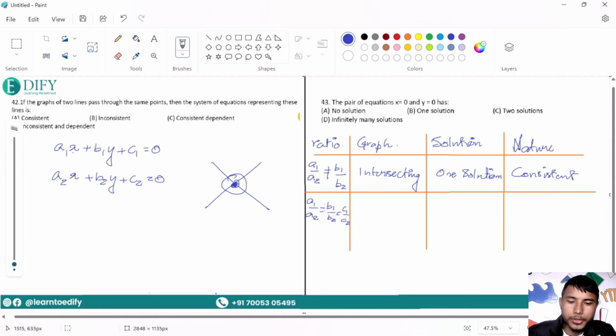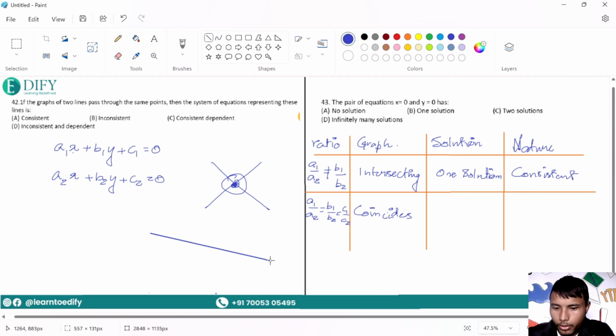When the ratios of the coefficients are equal, you have coinciding lines. They form one straight line, and the values extend on the same line.